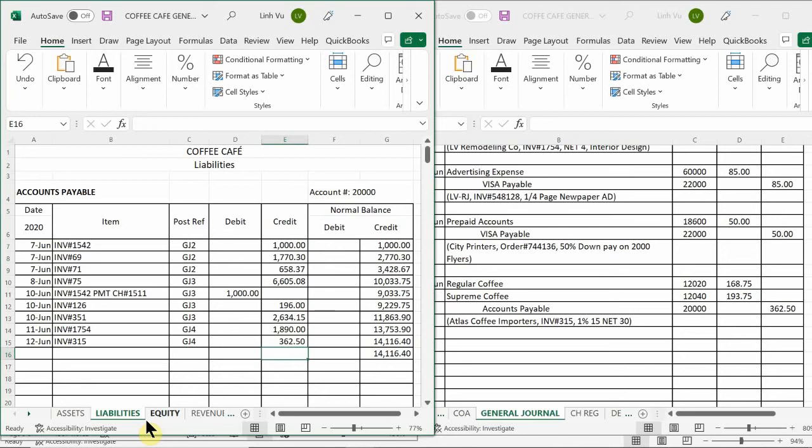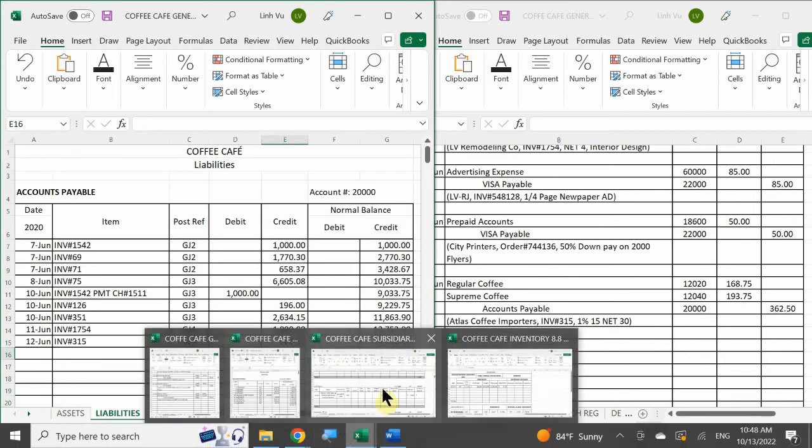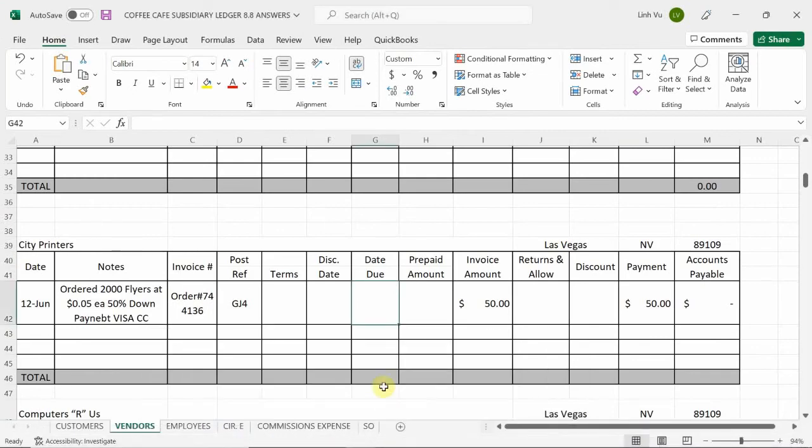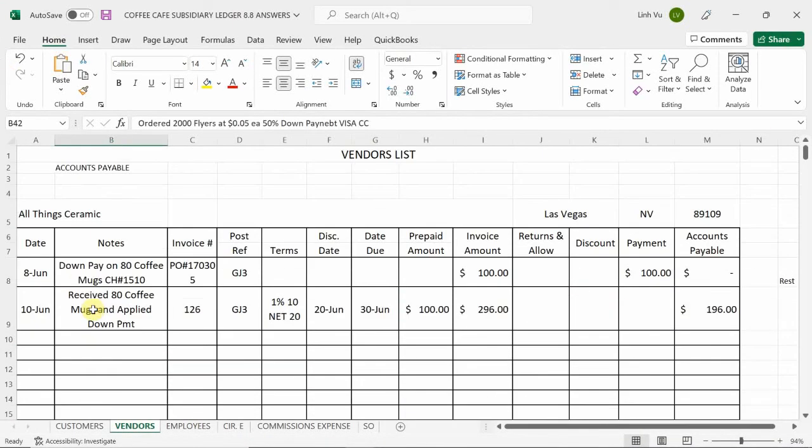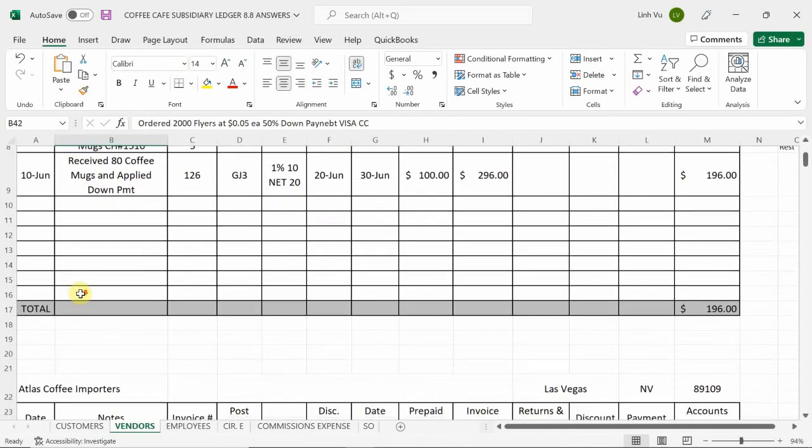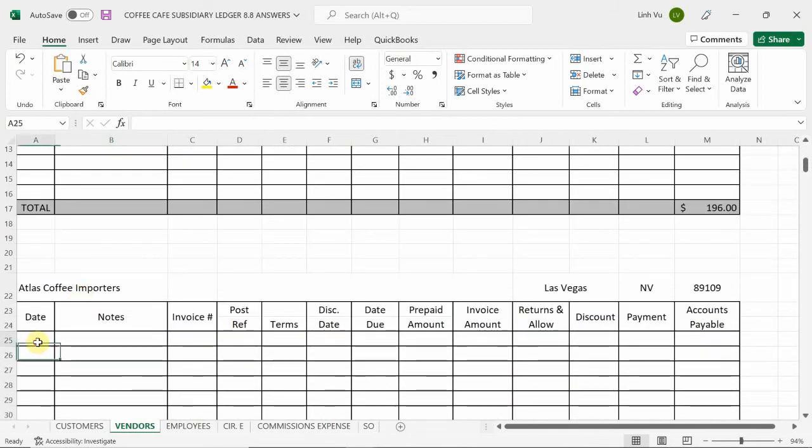So now that I have that, my journal's done, my ledger's done, I now need to update my subsidiary ledger, because now I owe Atlas Coffee money. So that's definitely something I need to record here, is I owe more money. Today's the 12th. What did you do?